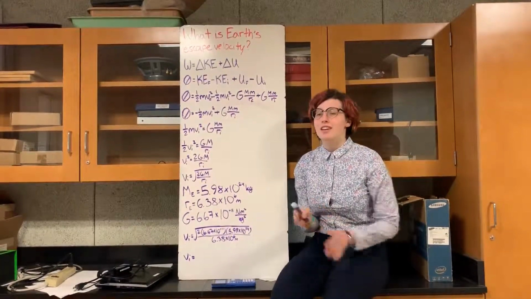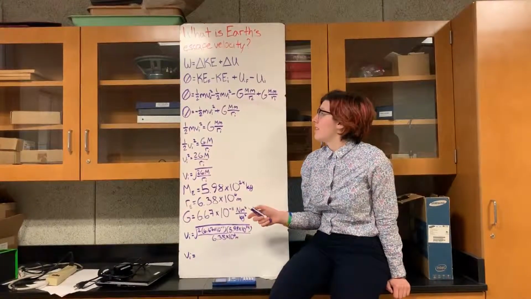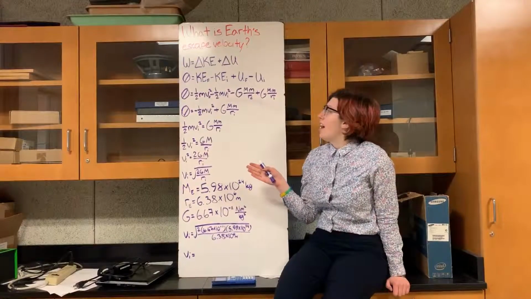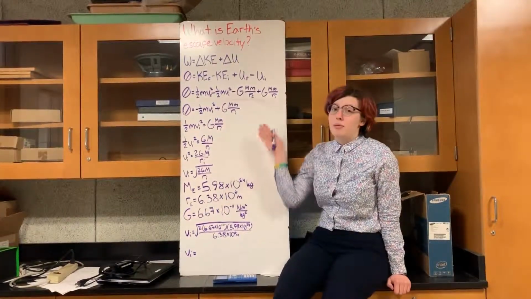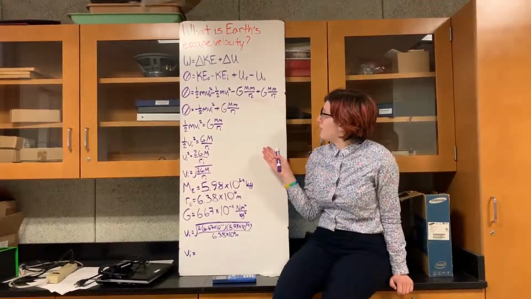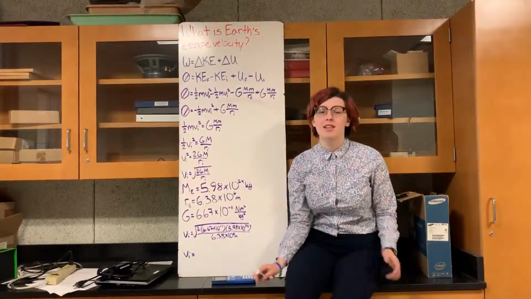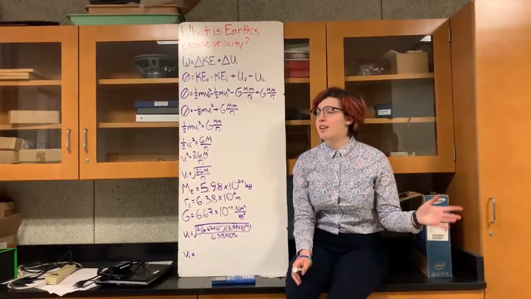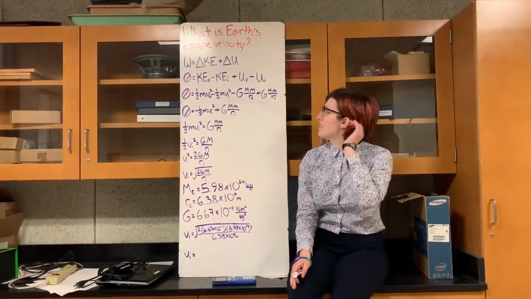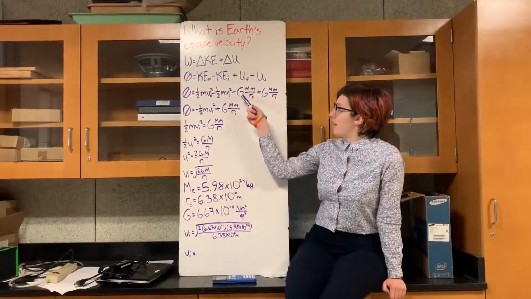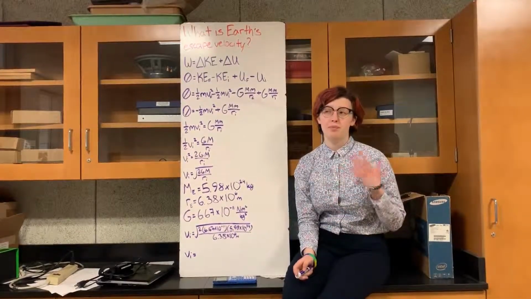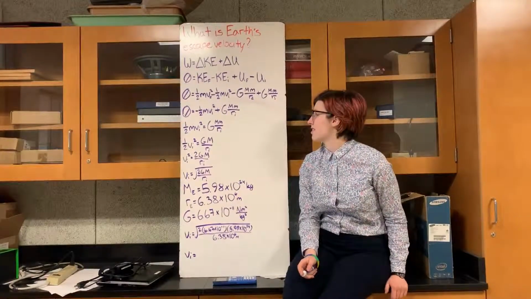Now that we've got that, we can insert our equations. The equation for kinetic energy is always 1/2 mv squared. However, the equation for gravitational potential energy is negative G times the mass of the object times the mass of the smaller object over the radius. I inserted that for potential energy since we are doing gravitational potential energy.